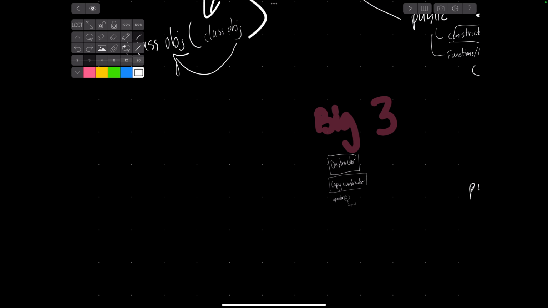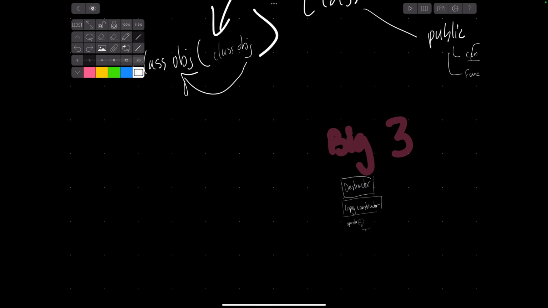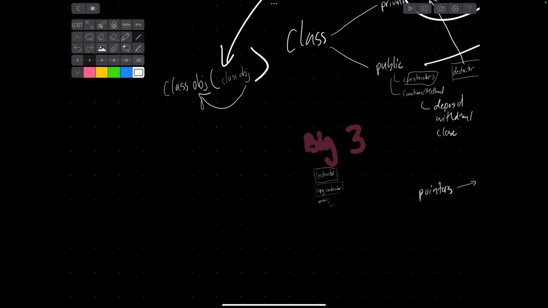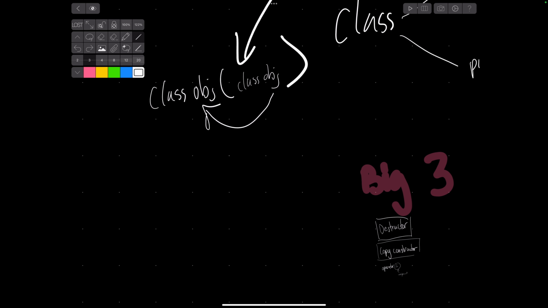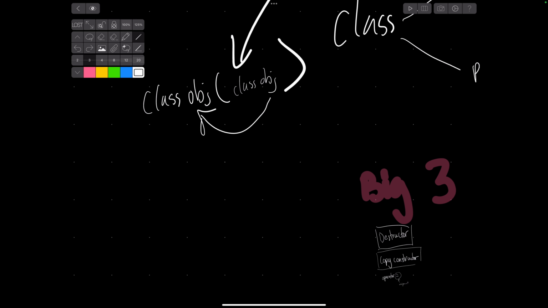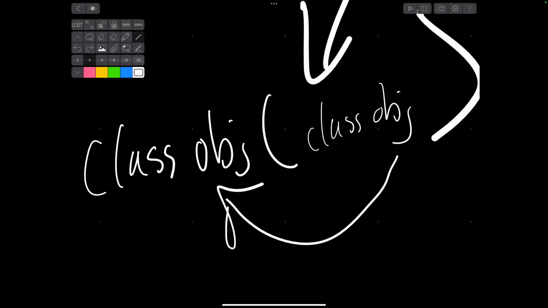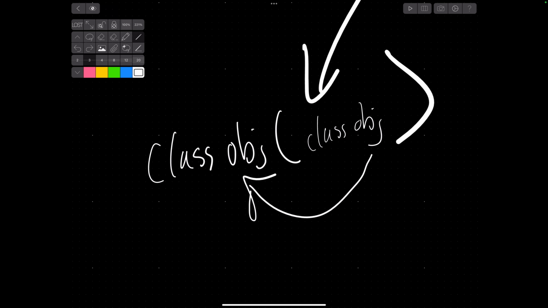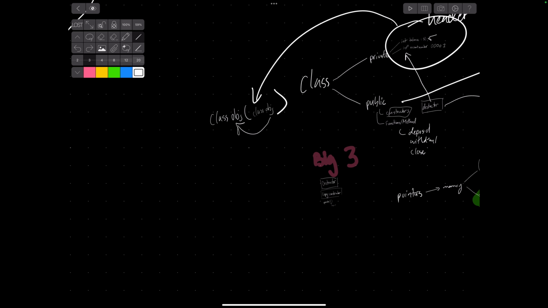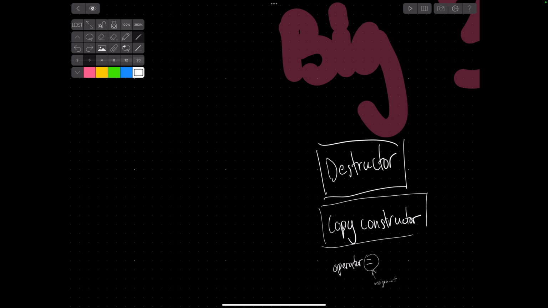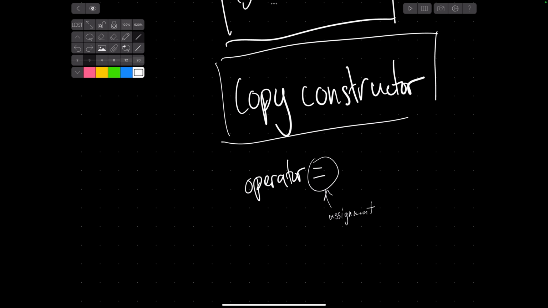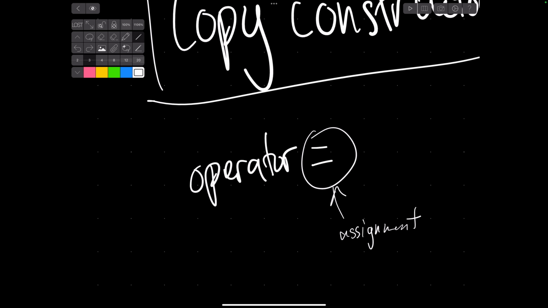So let's say that we want to, let me think, what would be a good example? I think the example would be like this. Let's say you wanted to copy everything over, but not directly.